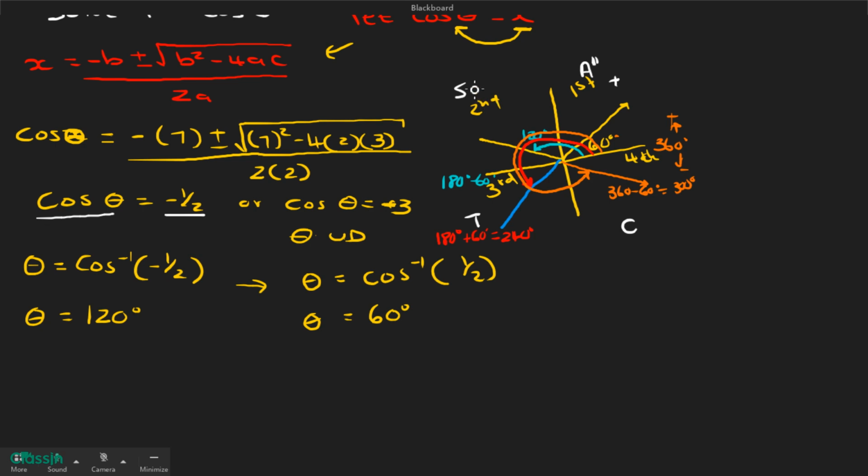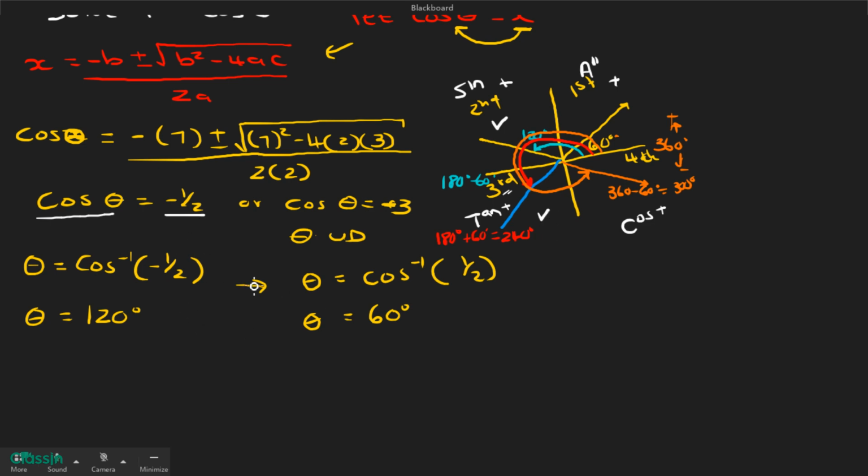In the second quadrant, only sin is positive. In the third quadrant, only tan is positive. And in the fourth quadrant, only cos is positive. So in which quadrants do we find cos as negative? We find cos as negative in the second quadrant and in the third quadrant.